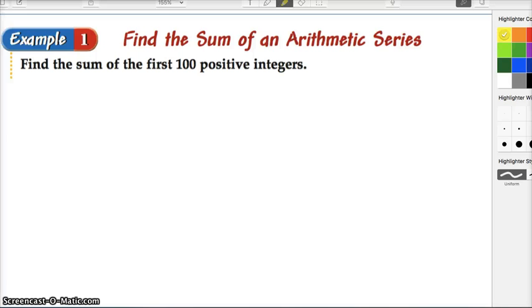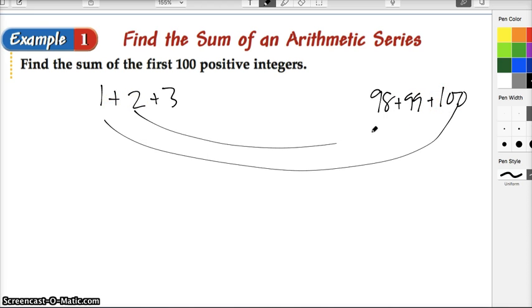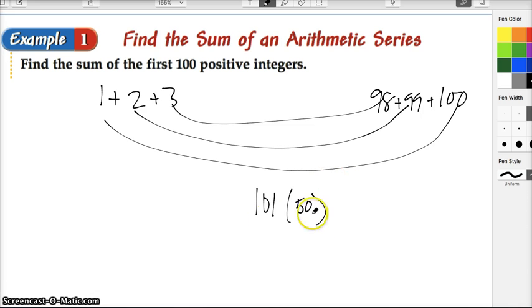So what he basically did was recognize a relationship between the numbers that he was adding up. So for instance, let me get a black pen. If you think about adding up the numbers 1, 2, 3, blah, blah, blah, 98, 99, 100, you realize if you add from beginning to end, you're adding a whole bunch of 101s, particularly you're adding 50 of them, and therefore 50 times 101 is 5,050.